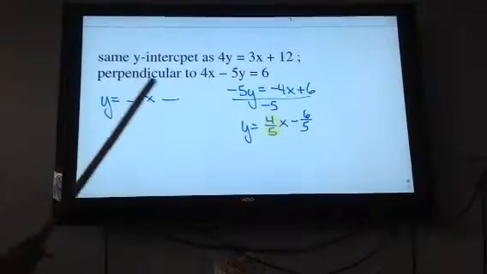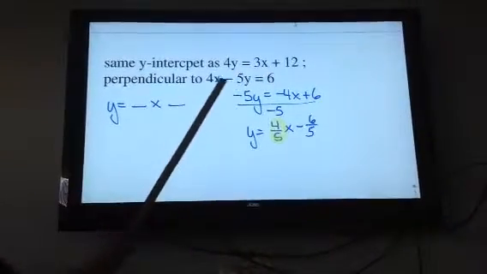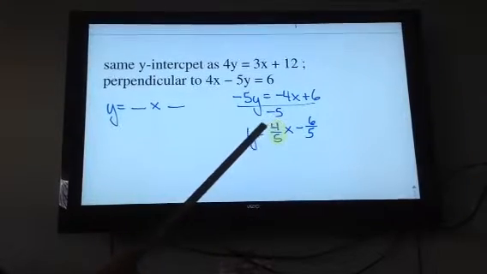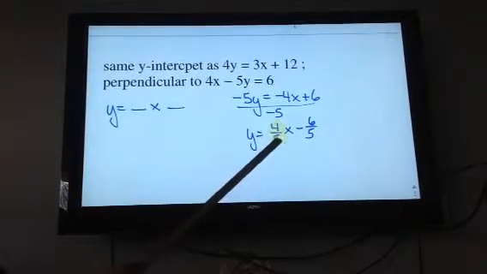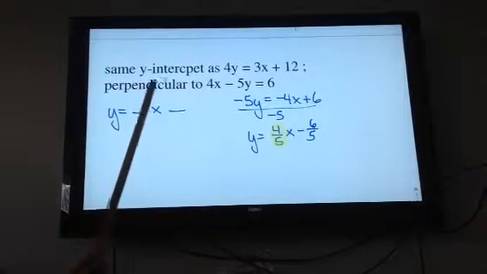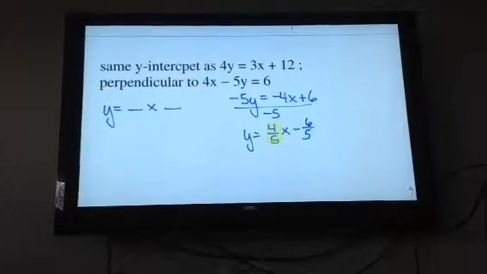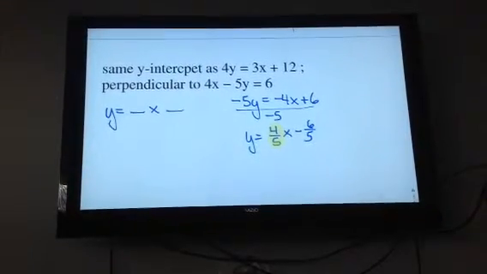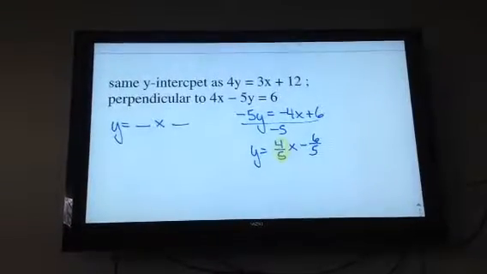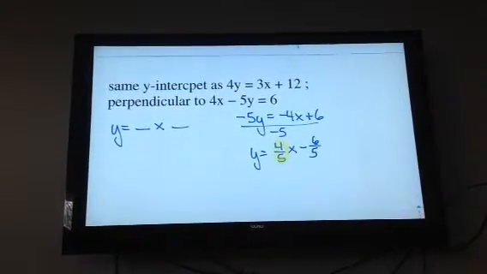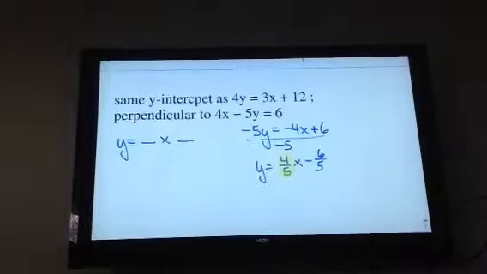This line right here that I just solved has a slope of 4/5. The line I'm looking for is perpendicular to this line, which means that the slope of my line is negative 5/4. I'm going to flip it and change the sign.